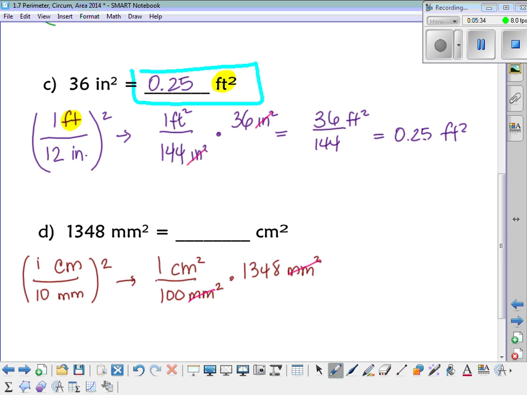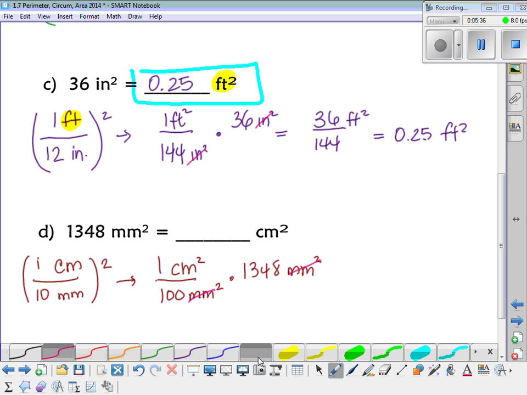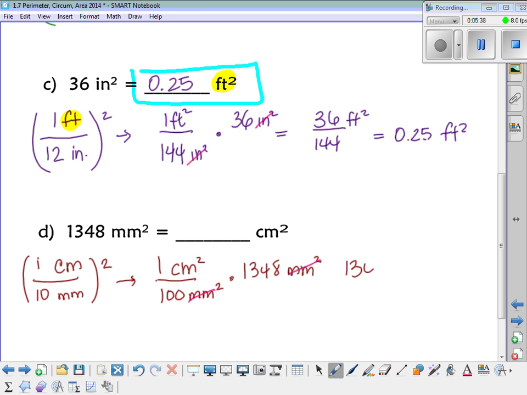The square millimeters cancel out, and then multiplying across, we have 1348 over 100. And so dividing by 100, you just move the decimal place over 2 times. And so the answer is 13.48 centimeters squared.